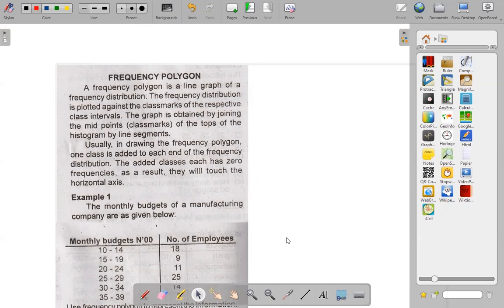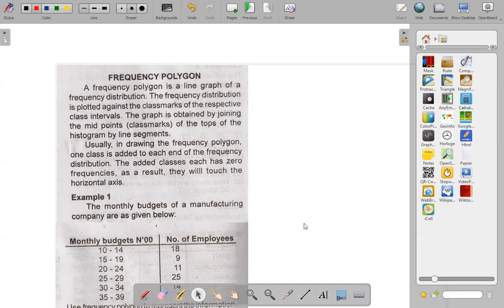The frequency polygon is a line graph of a frequency distribution. The frequency distribution is plotted against the class marks of the respective class intervals. The graph is obtained by joining the midpoints or class marks of the tops of the histogram by line segments.